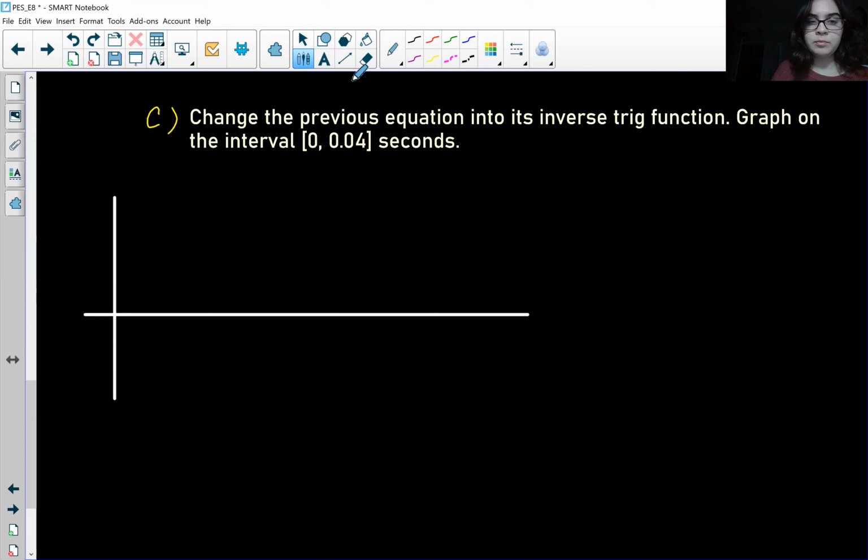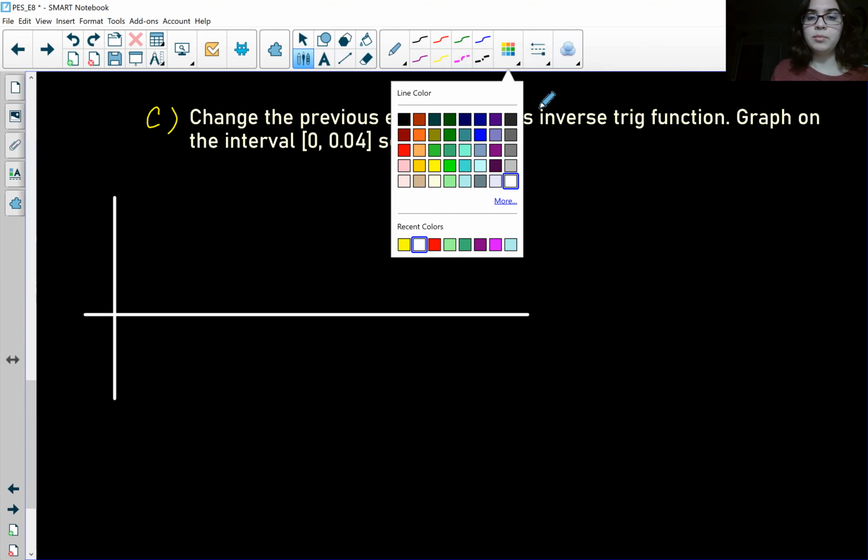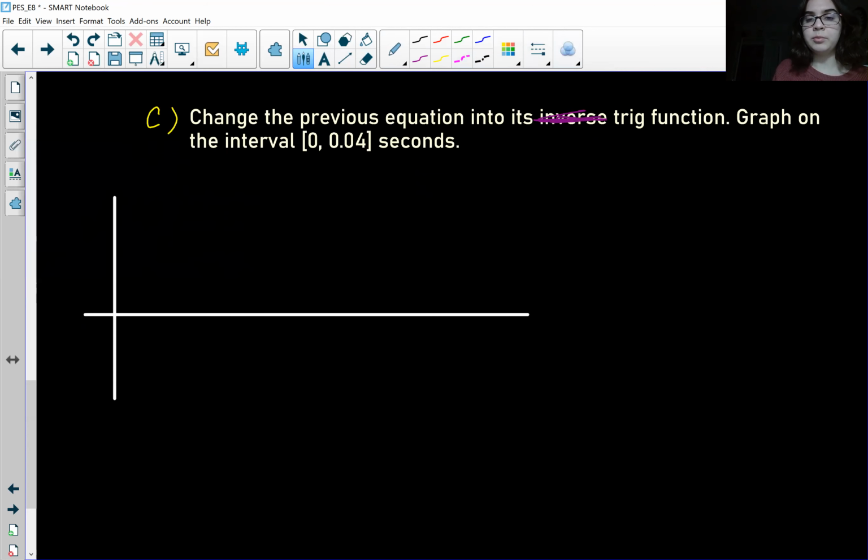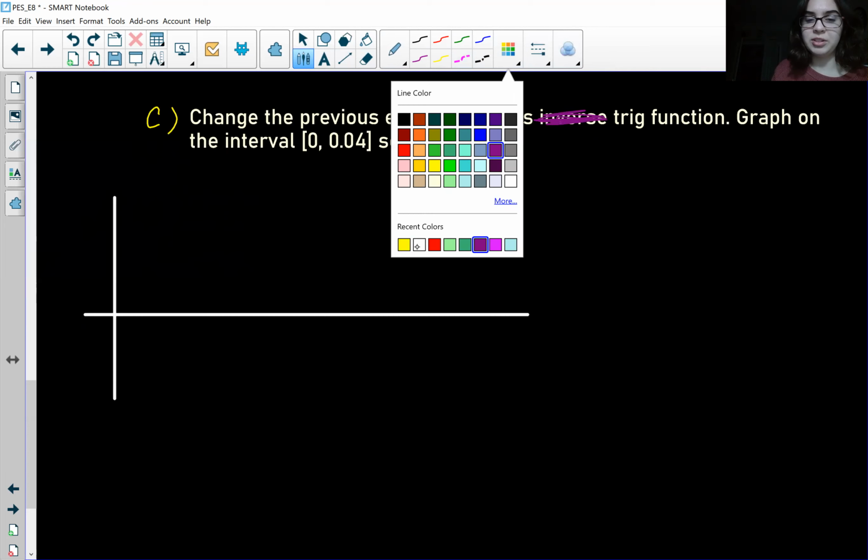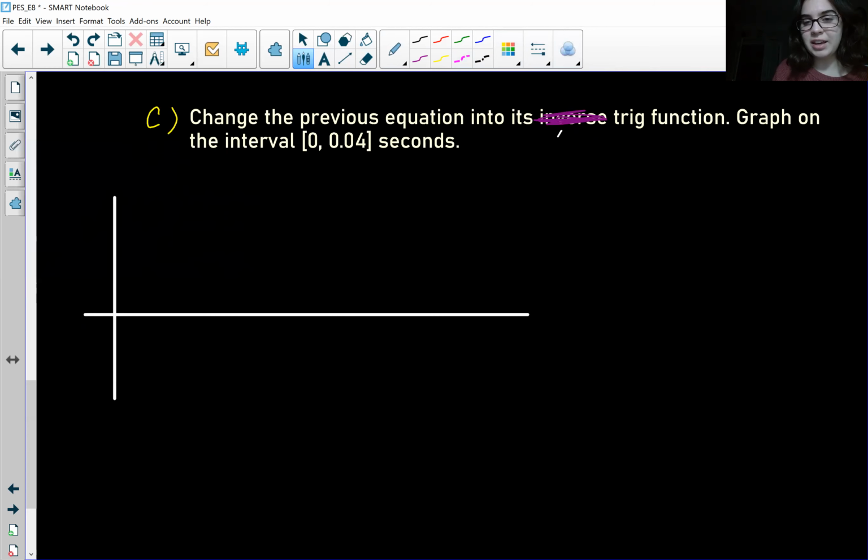So we want to change the previous equation into, okay, that says inverse. No, that's not correct terminology, I'm sorry. It should say reciprocal. So we want to change it to its reciprocal trig function, which is different.